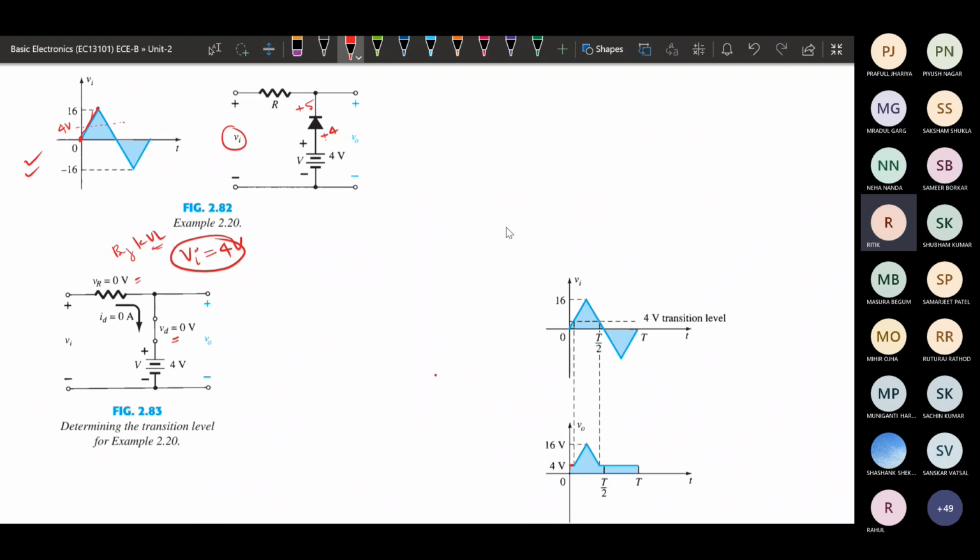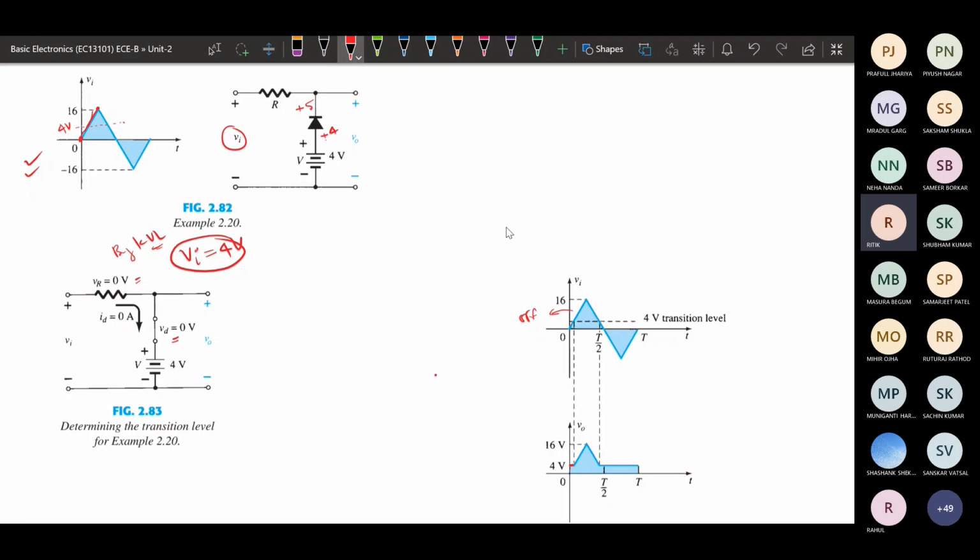As we increase the input voltage beyond this 4 volt, the diode will be in reverse bias. If it is reverse bias, it will be behaving like in the off case. So this is the region when the diode will be off.